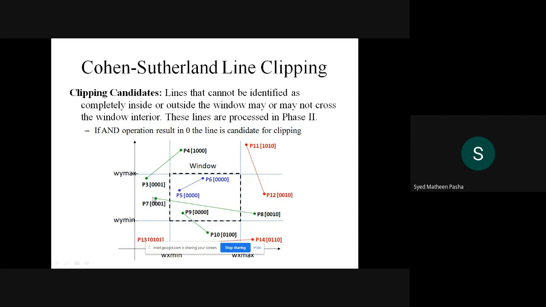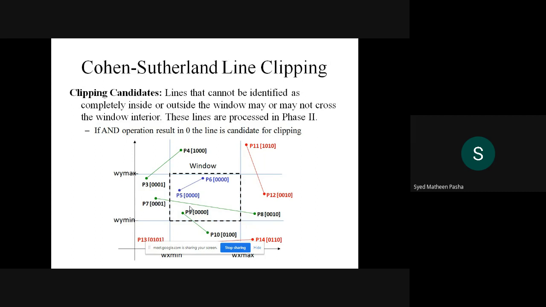So what is the condition for a clipping candidate? The line which is outside the window as well as inside the window. I can call that a clipping candidate. So all three terminologies are clear: visible lines, invisible lines, as well as clipping candidates.